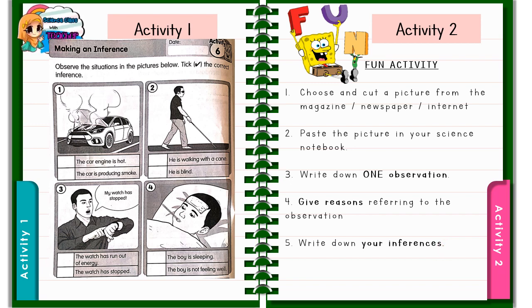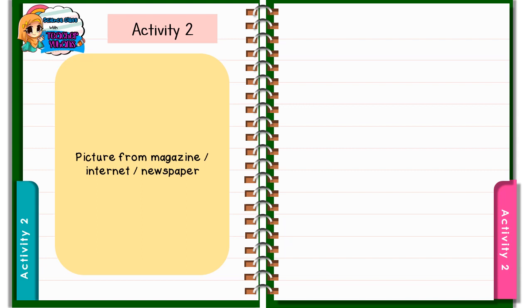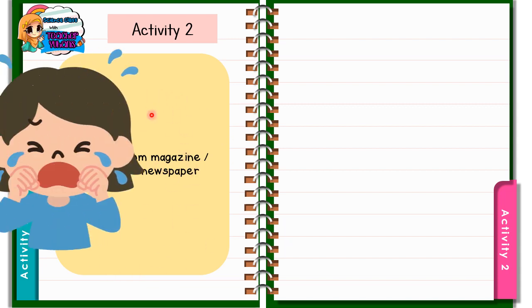Let's see how you should do activity 2 in your notebook. This is how you should do your activity 2. You find and cut the picture from magazine, internet or newspaper and you paste it in your science notebook like this.